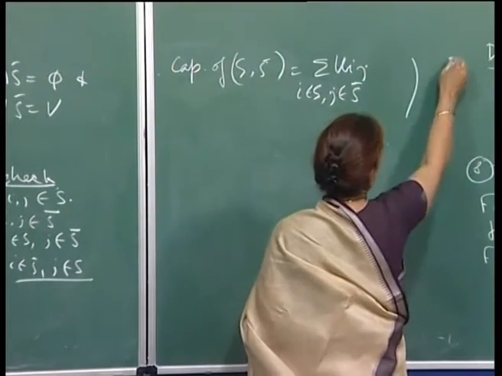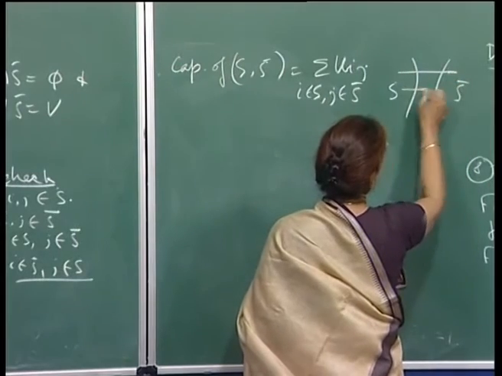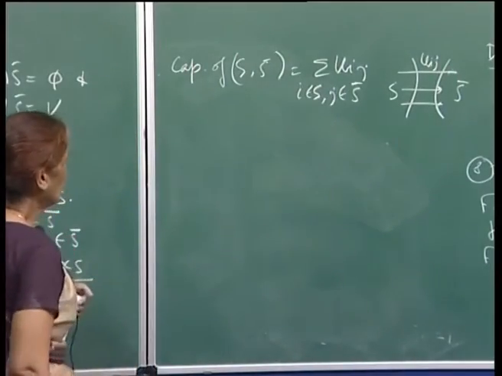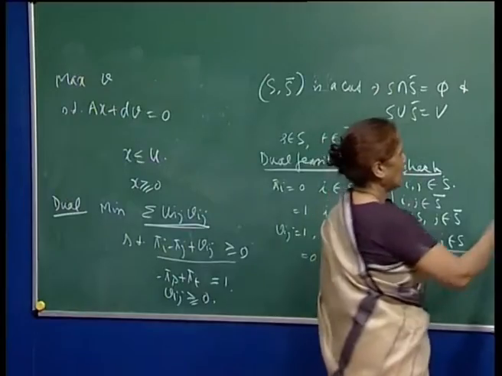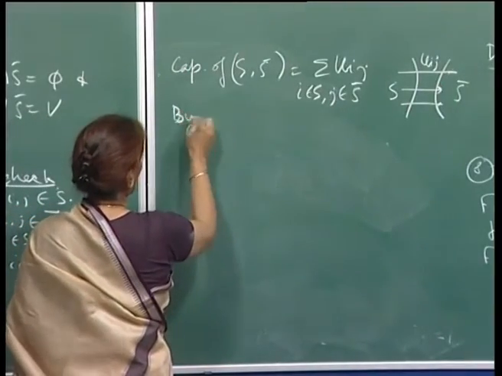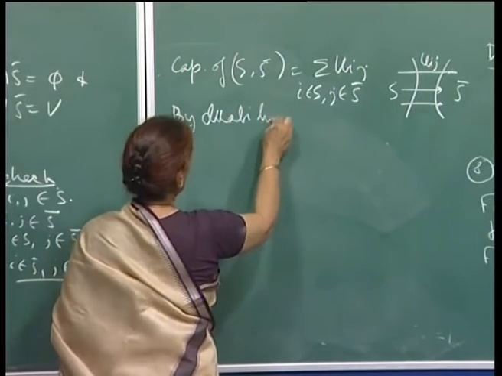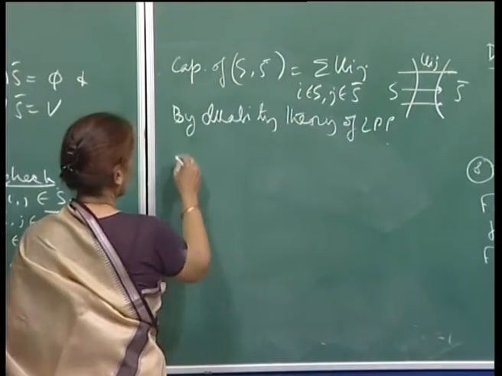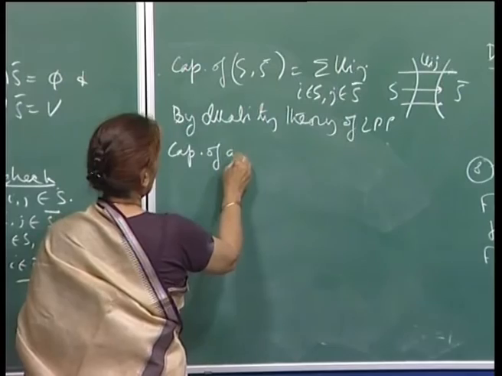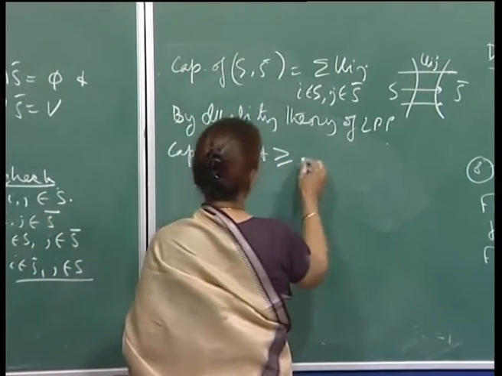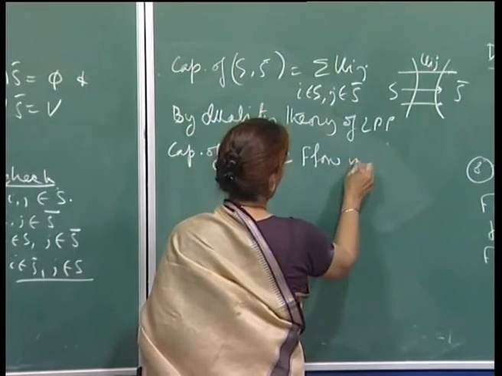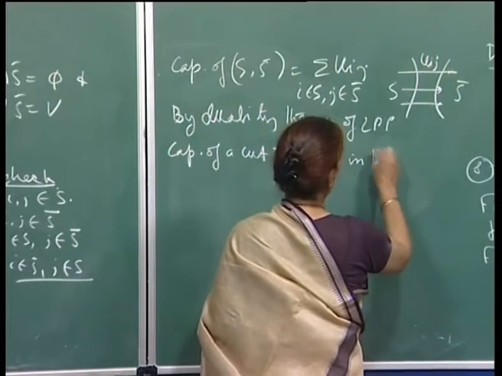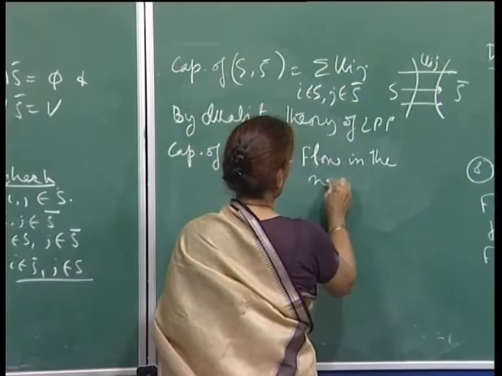That will be the objective function value for this dual feasible solution, and by duality theory of LPP, the capacity of a cut is greater than or equal to the flow in the network.